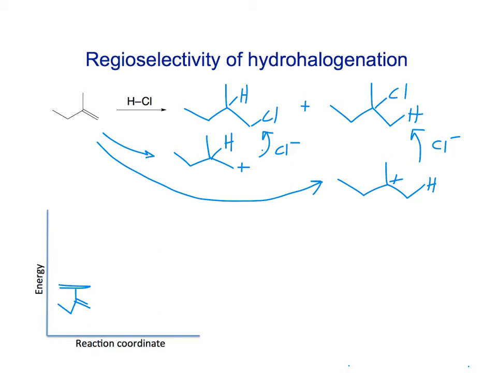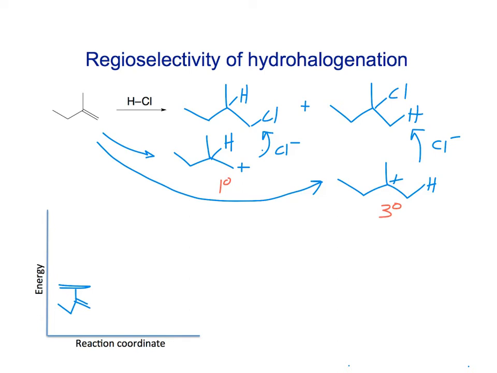So let's look at these 2 carbocations. Which one would be more stable? Well, the first one is a primary carbocation. The second one is tertiary. So what do you remember about stabilities of carbocations?